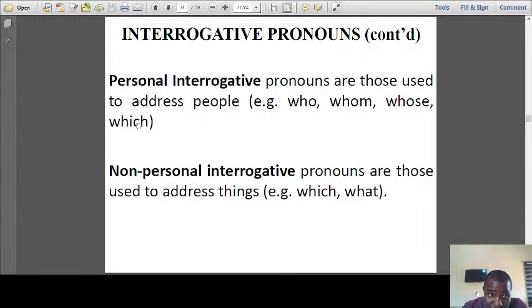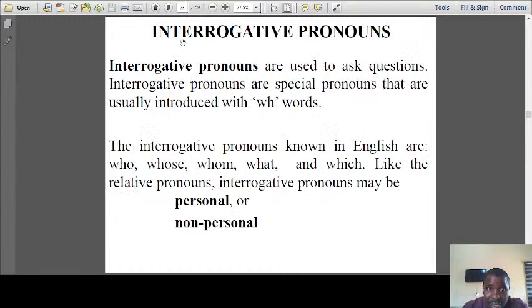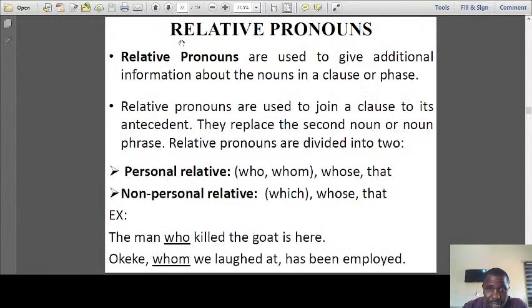Look at the personal, used for persons: who, whom, whose, and which. Even which here can be used as person, unlike in the relative, where we said which cannot be used for person. And who and whom cannot be used for a non-person.